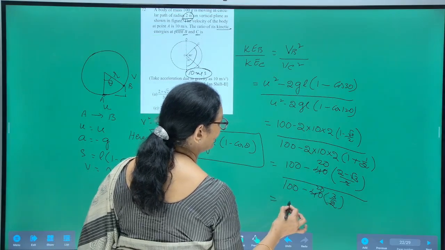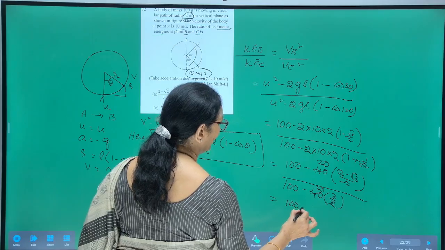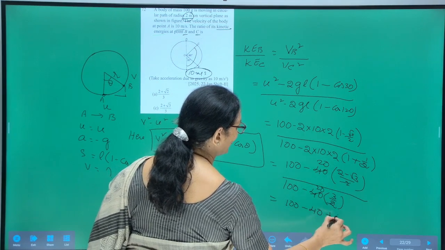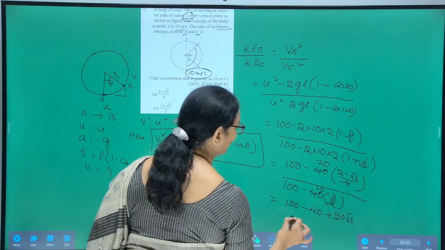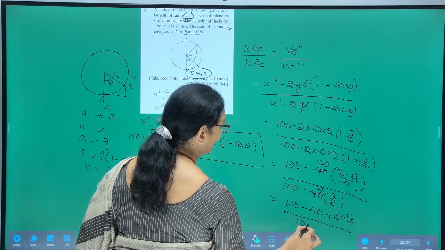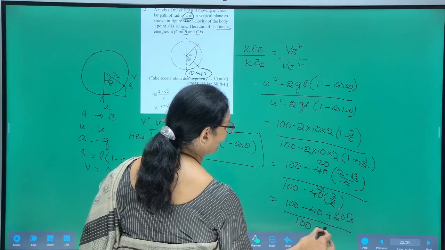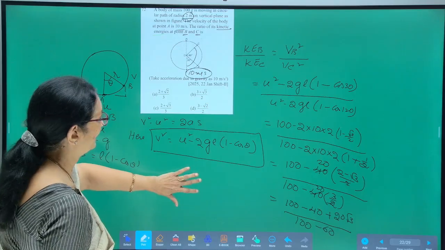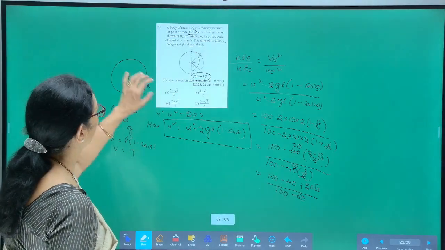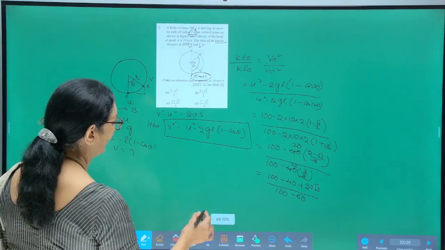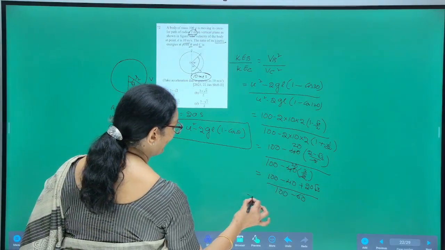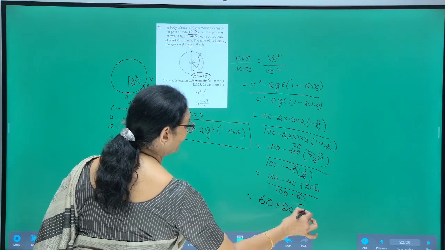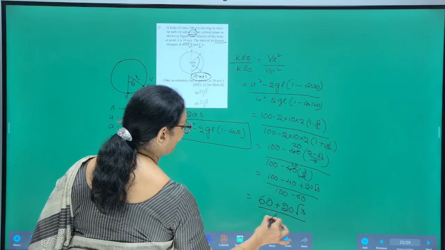So, here this becomes 100 minus 40, 100 minus 2 2s are 40, minus of minus becomes plus, 20 root 3 divided by 100 minus 20 into 3 is 60. So, here let me simplify this further. 100 minus 40 is 60 plus 20 root 3 divided by 40.